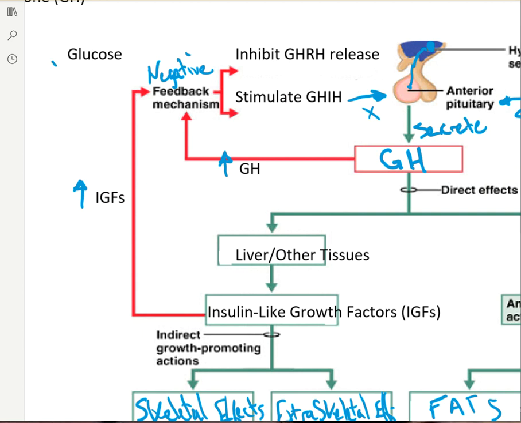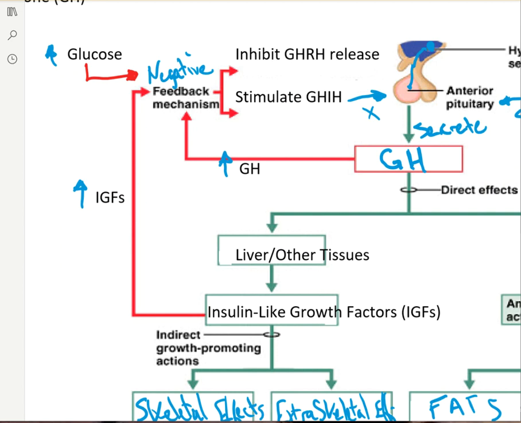And then lastly, if we increase the amount of glucose, we'll have a negative feedback. Okay, so we've got three main ones that we care about. High levels of growth hormone will shut it off. High levels of IGFs will shut it off. High levels of glucose will shut it off. It'll cause the inhibiting hormone to be released, and that will stop the anterior pituitary from making growth hormone.